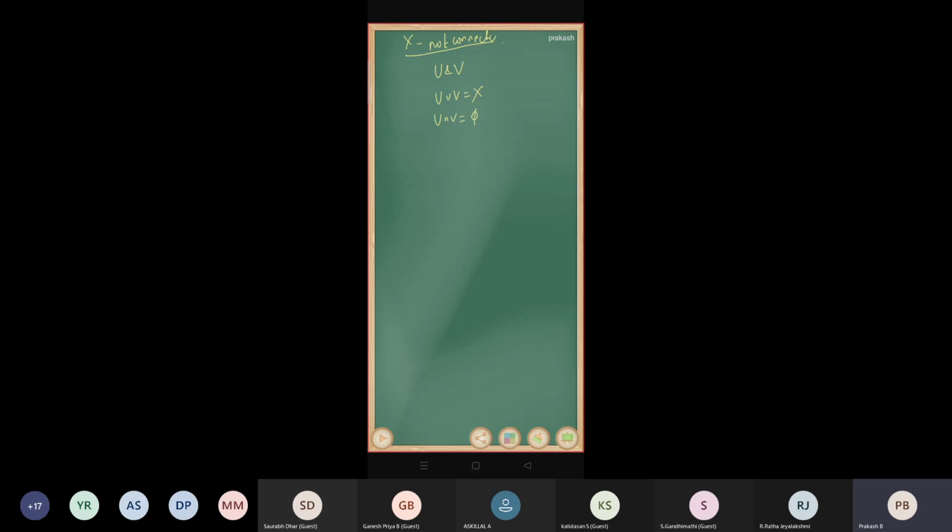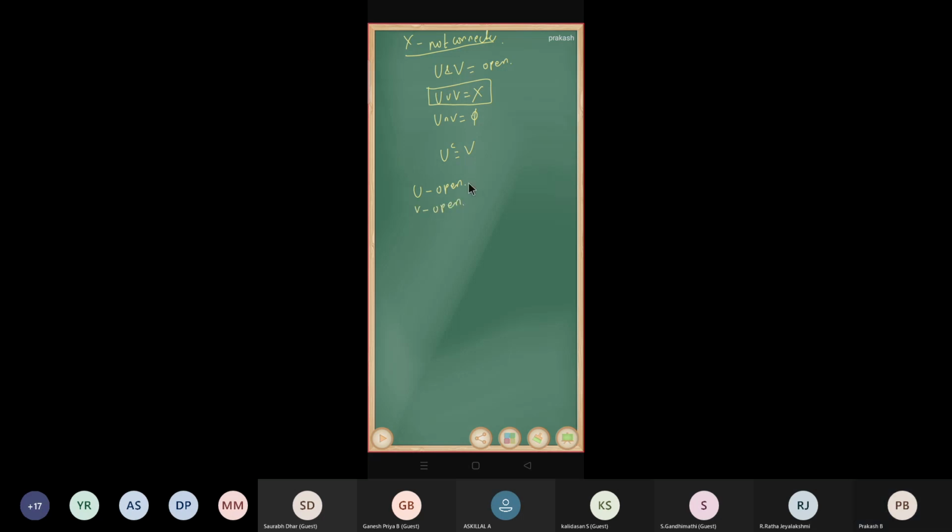Now from this you can understand that U complement is nothing but B. Now U and B are open, so U is open, and B is open.